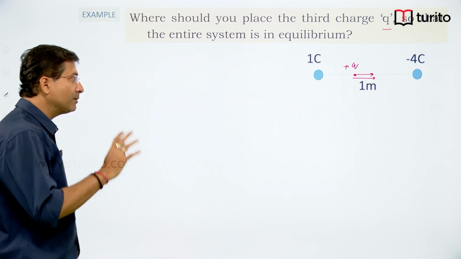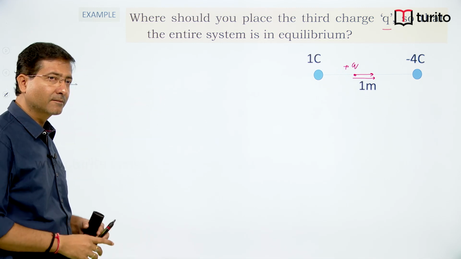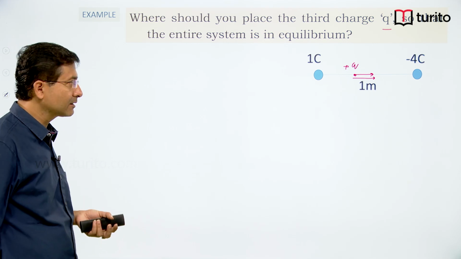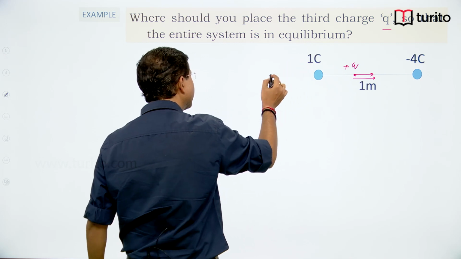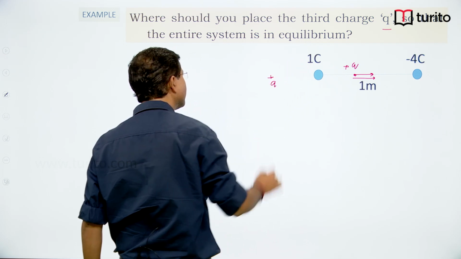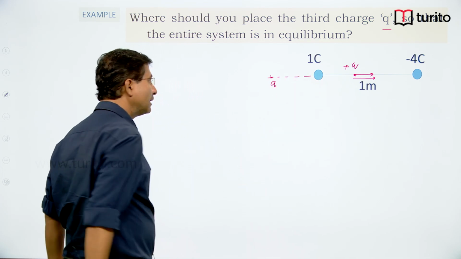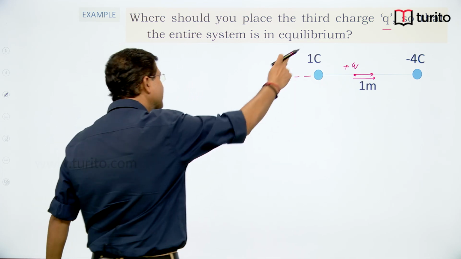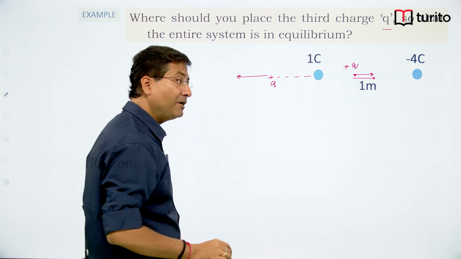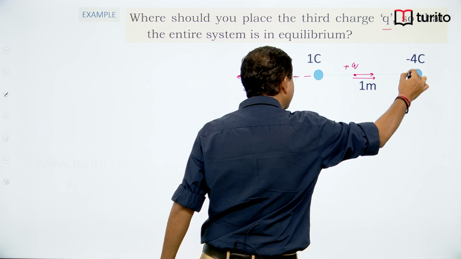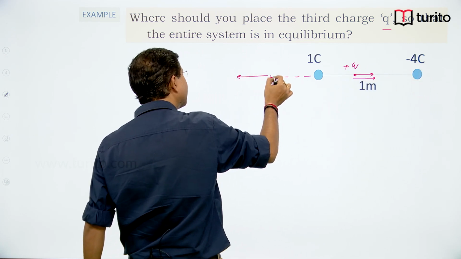That means equilibrium for plus q does not exist between these two charges, right, because force will be in the same direction. Now if I place charge somewhere here, plus q, lesser charge at lesser distance will exert force, and that might be equal to force exerted by this larger charge at the larger distance.